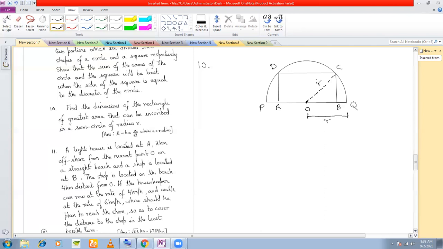Now, if I say that let the length and breadth of the rectangle be L and B, then which one will be L and which one will be B? This one will be L. This part will be B. And what else can you say about the other parts?